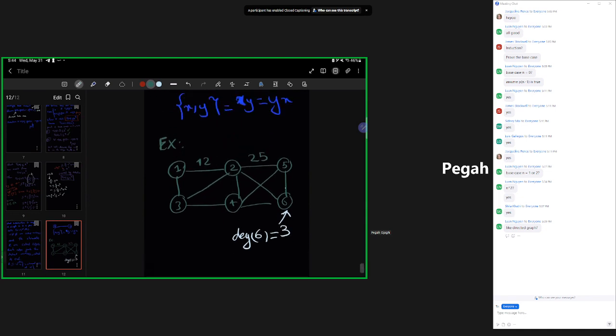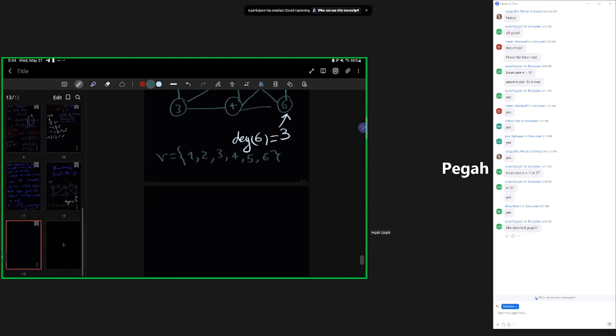So let's write this one. V is going to be, how many vertices do I have? 1, 2, 3, 4, 5, 6. This is my vertex set. And if I want to consider my edges, I need to show them.